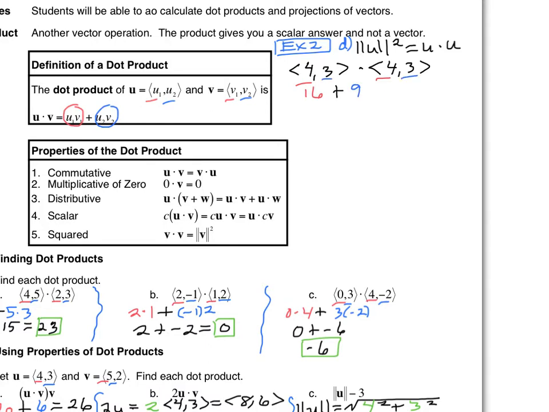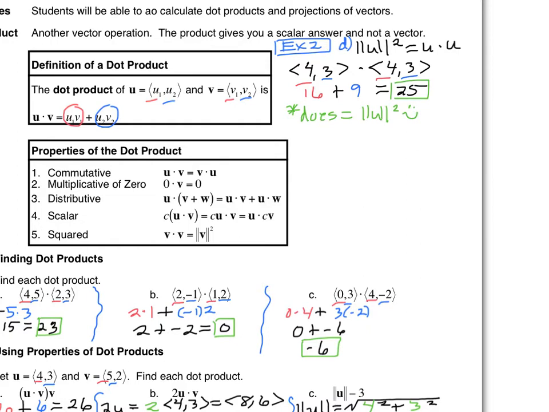What does that give you? 25, which does indeed equal the magnitude squared. So it does equal the magnitude of u squared.